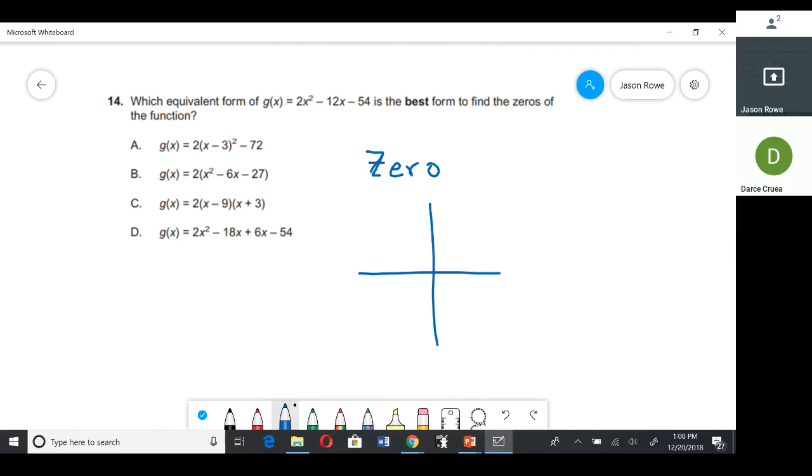If you look at a parabola, the zeros that we're talking about is where the graph crosses the x-axis. And so that's why we factor. That was one of the reasons that we learned to factor, was to find those zeros. So C is the only one that makes sense.